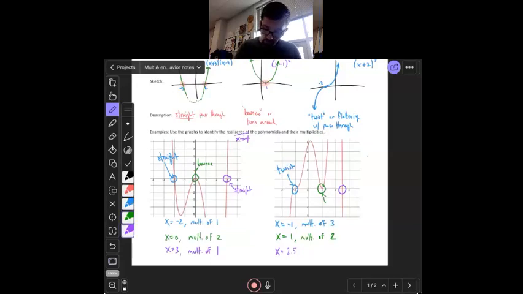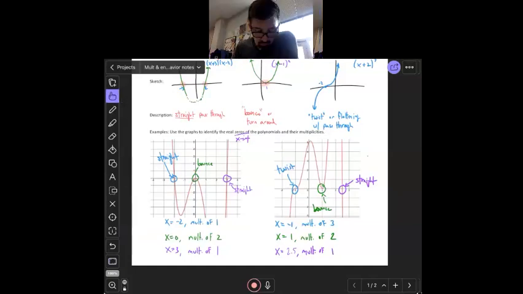And then Tion, what about the last one? Straight, okay? So then what's our multiplicity there? Cool. You guys feel like if I give you a graph, you can do that?